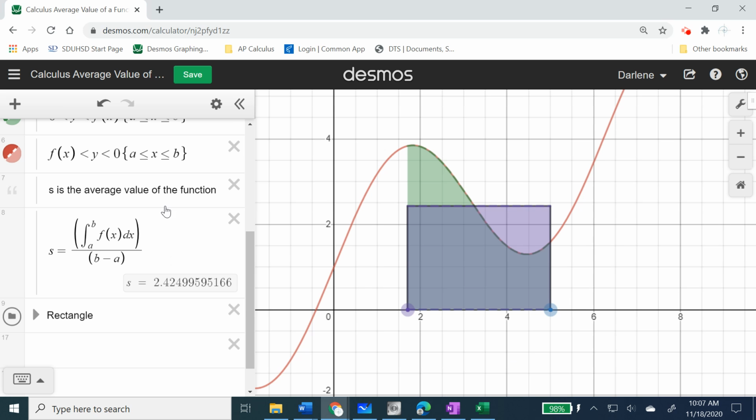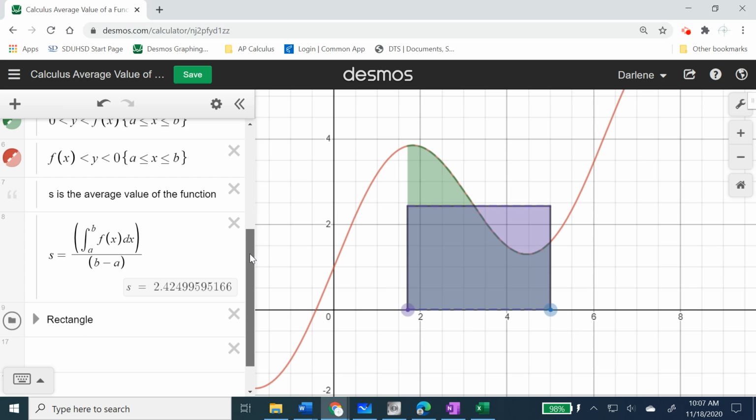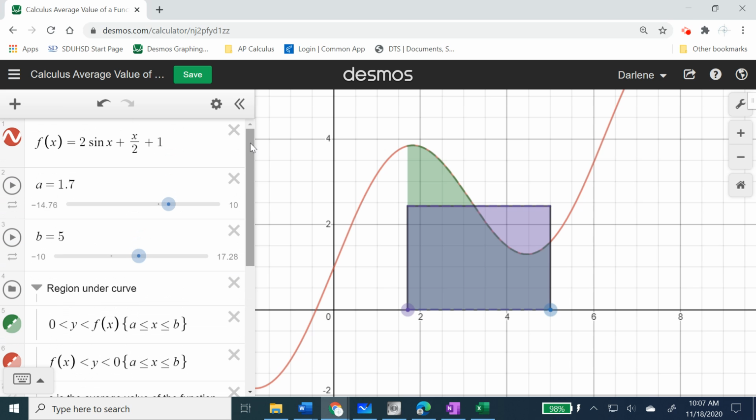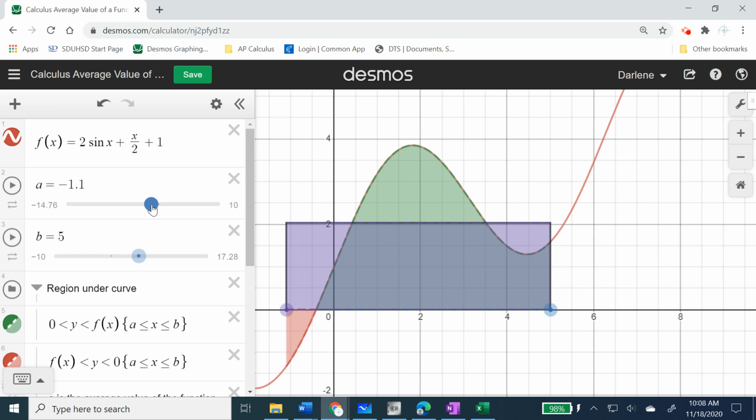So this I found on the internet and just kind of worked with it a little bit. You can change the function you want to look at. And as you change a and b, it will show the average changing with it, even going into the negative arena. It will keep looking at what is the average value.